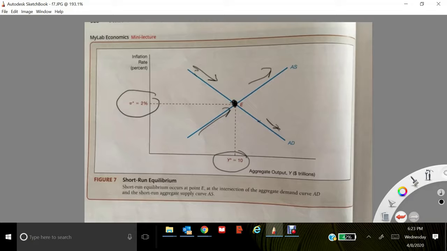So this is in the short run. Now at this point we're going to really start to do our work and see how these curves shift and how that affects equilibrium, output, and inflation.